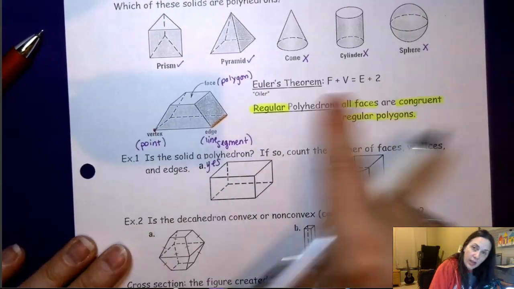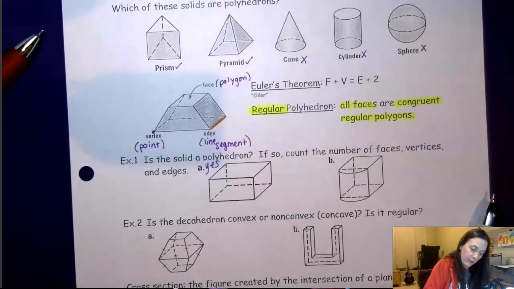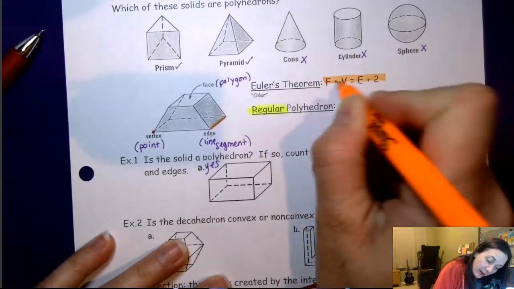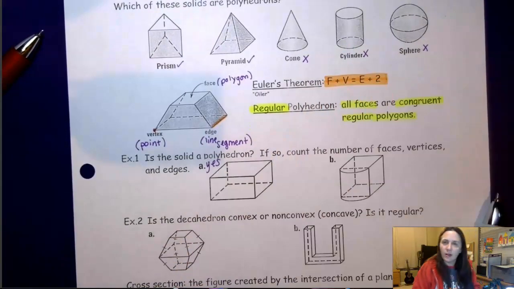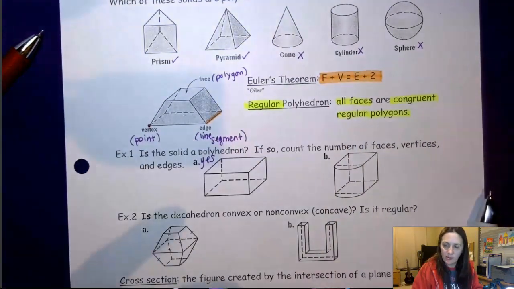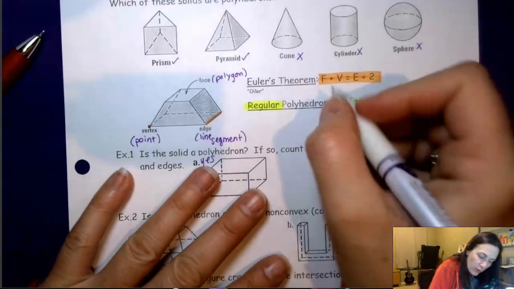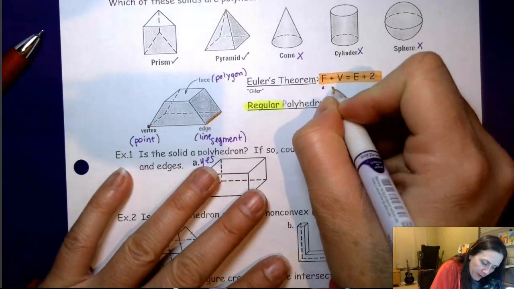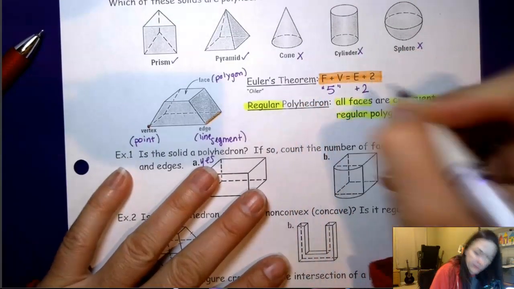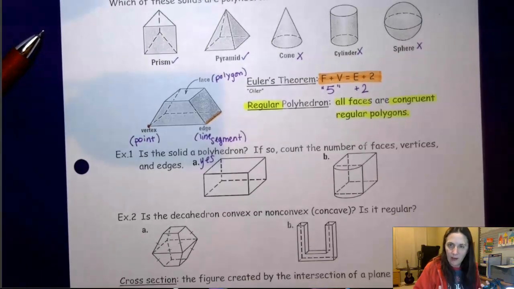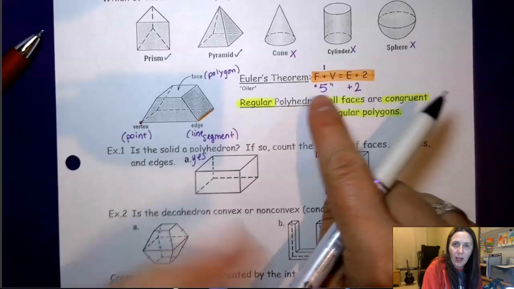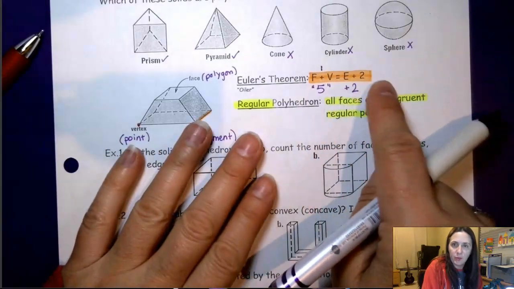So I want to check this formula over here. This is going to be a formula that you want to remember. Oh, I forgot to tell you how to remember it. Do you see that it almost looks like a word? Anybody see that it almost looks like a word? We call this formula F-V-E plus 2, like five, you don't have the I, but F-V-E, plus the 2 at the end.